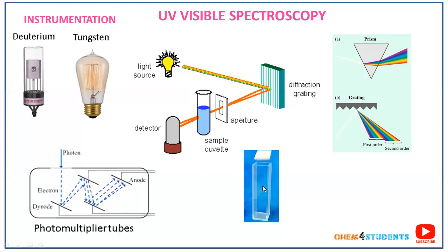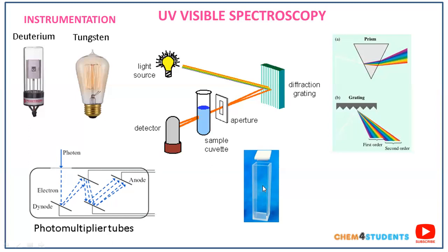So cleaning is very important for these cuvettes, and drying also. And the fourth important component here is the detector. Here we can use photometric detectors, which are useful for converting light energy to electrical signal. We have three types of photometric detectors: photovoltaic cells, phototubes, and photomultiplier tubes.